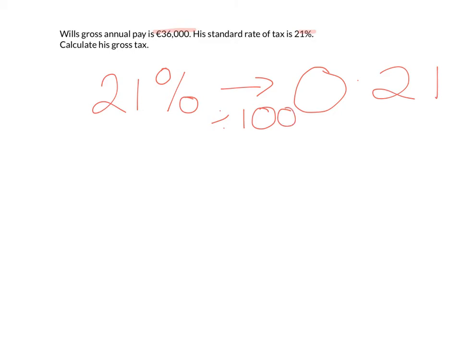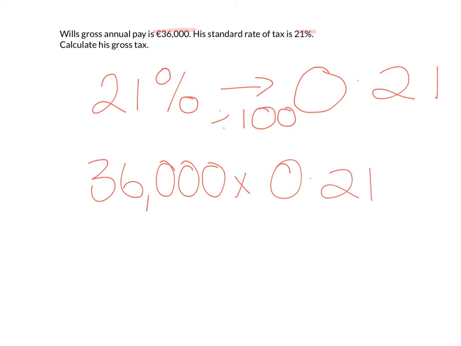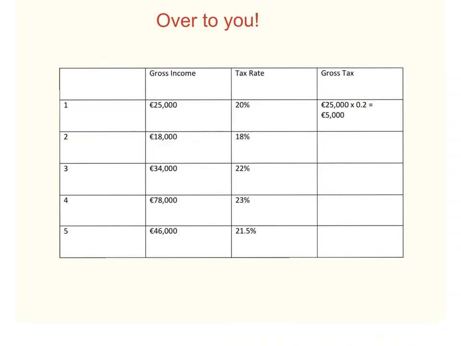Into our calculator we put 36,000 multiplied by 0.21 and we get an answer of €7,560. So that means Will's gross tax is €7,560.